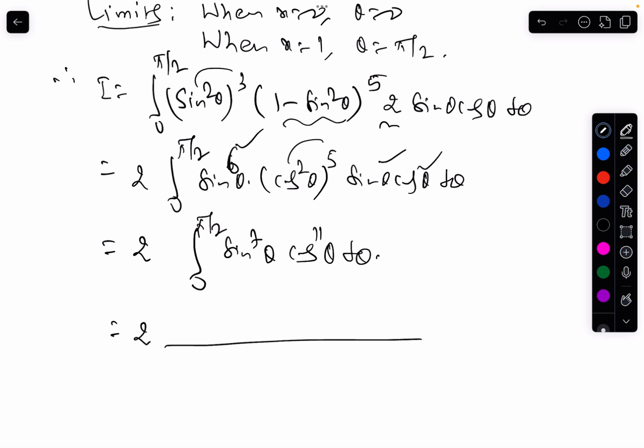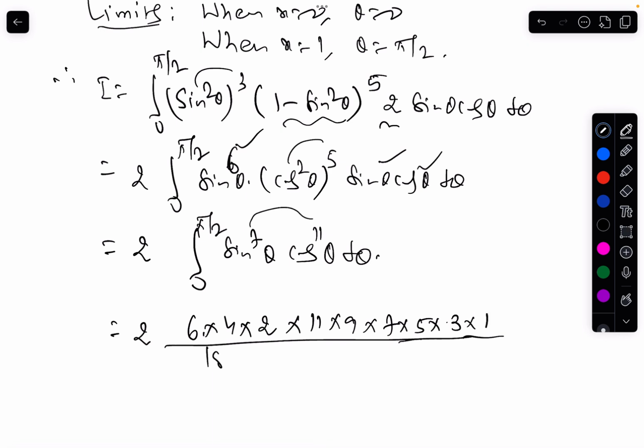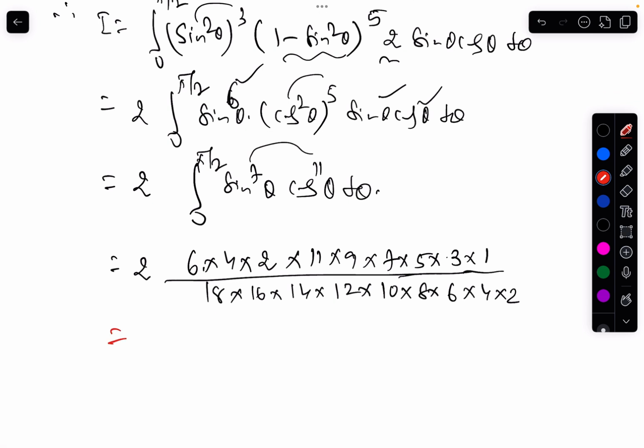And so now we can use the reduction formula 7, so that is 6, then 4, then 2. This is 11, then 9, 7, 5, 3. And so 11 plus 7, 18, 16, 14, 12, 10, 8, 6, 4, 2. And then we can simplify and you will get the answer.